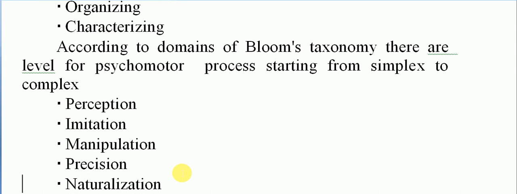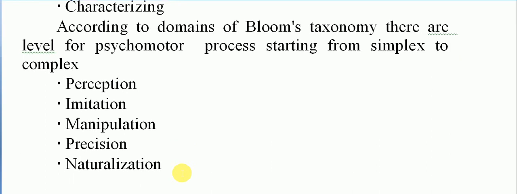Then imitation, we imagine how I can do it. Then manipulation, change something, do something, and precision, and then naturalization, then we can do it and put it into skill. This is the level of psychomotor process.